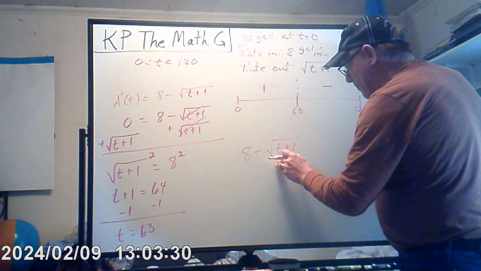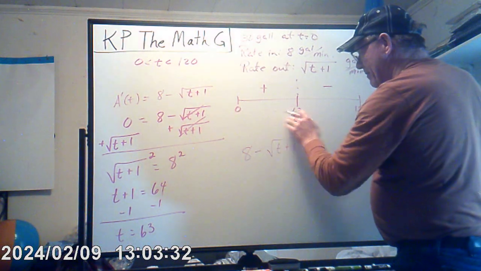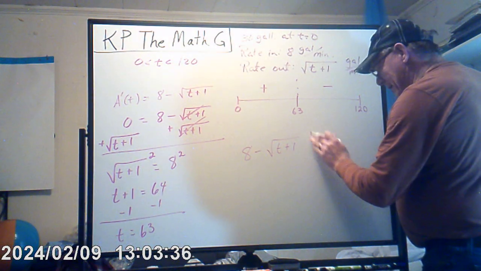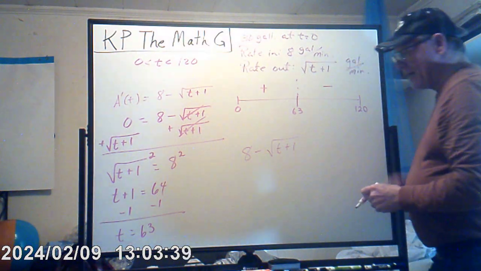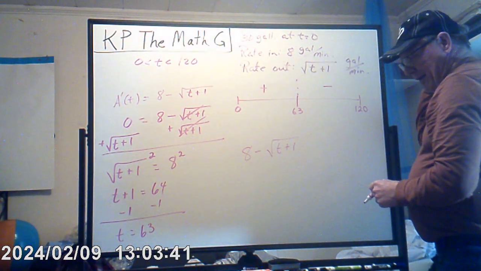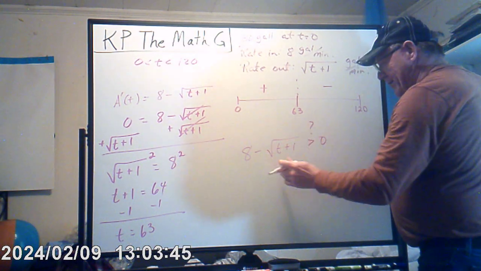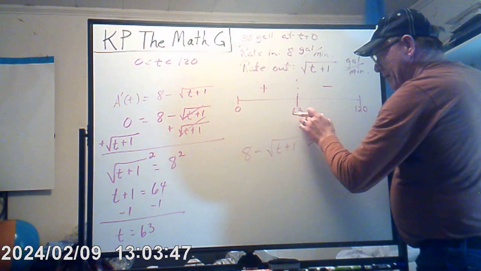If we pick a number between 0 and 63, let's see if this is positive or negative. We want to know, is this greater than 0 from 0 to 63?